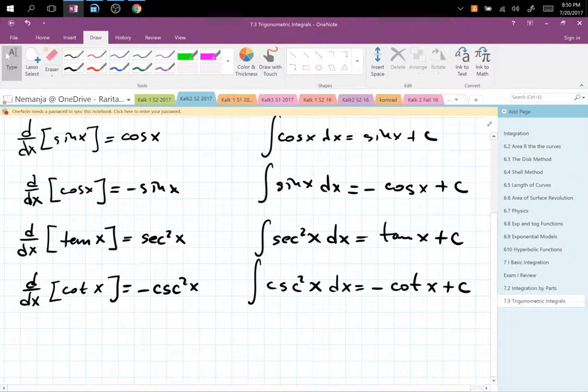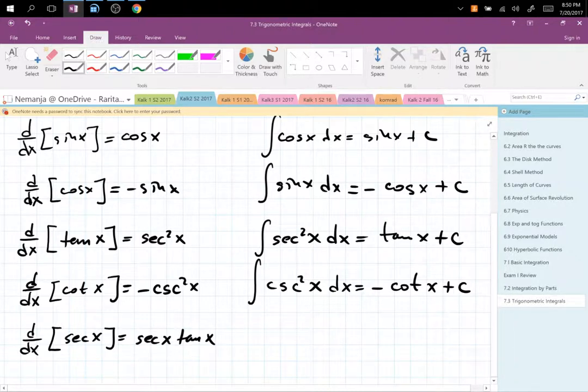The last two lines: the derivative of secant x is secant x tangent x, so the integral of secant x tangent x dx is secant x plus c.